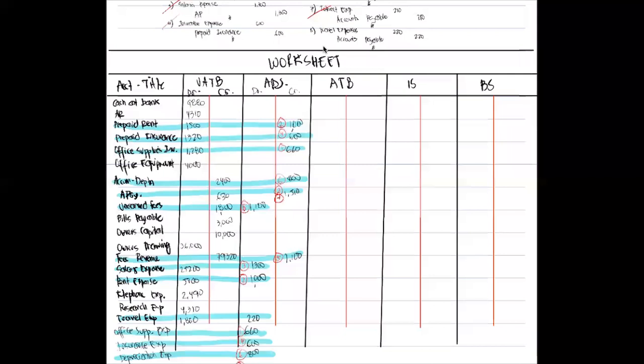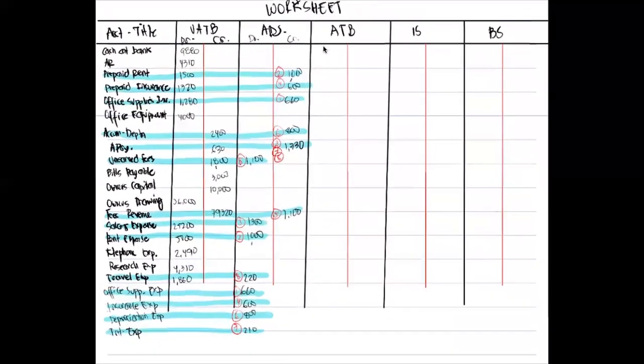So 1,510 plus 220 will give us 1,730. So palitan na naman natin yan. 1,730 na siya. So this is key number 8.